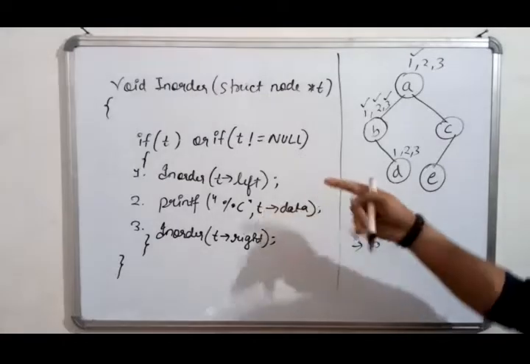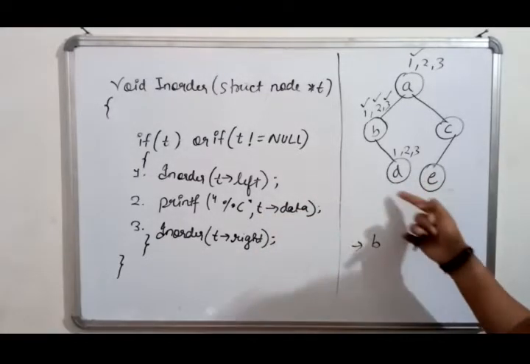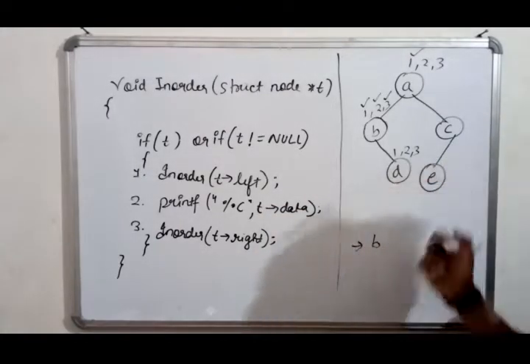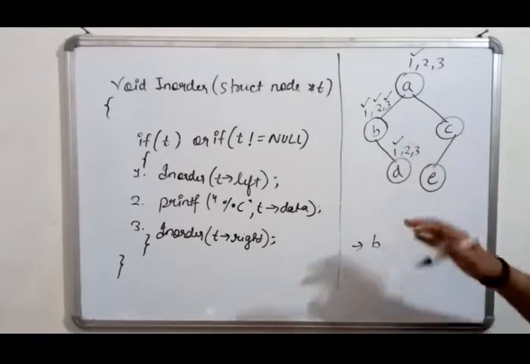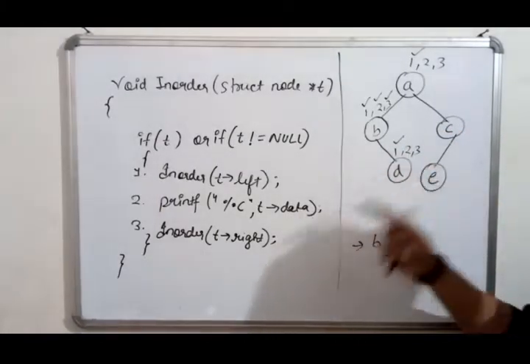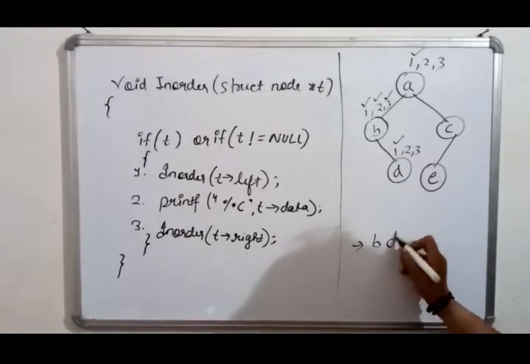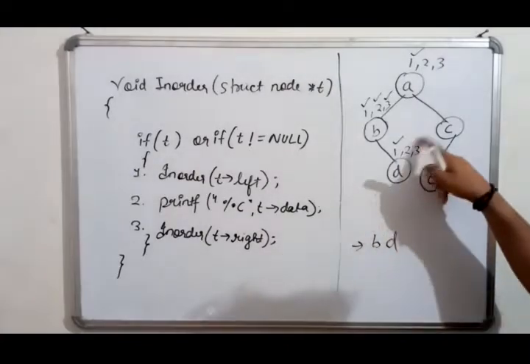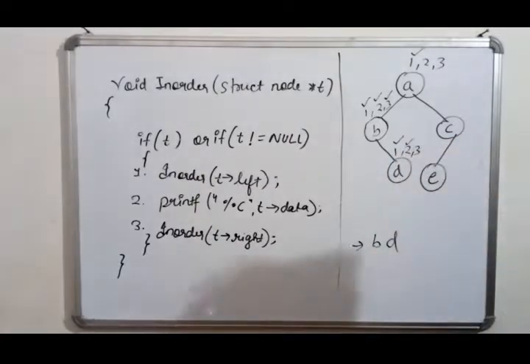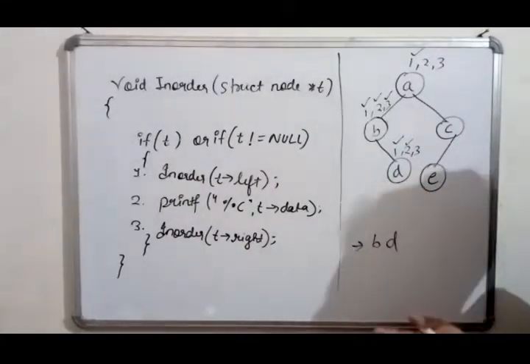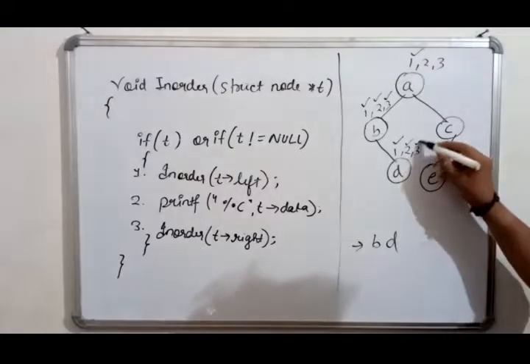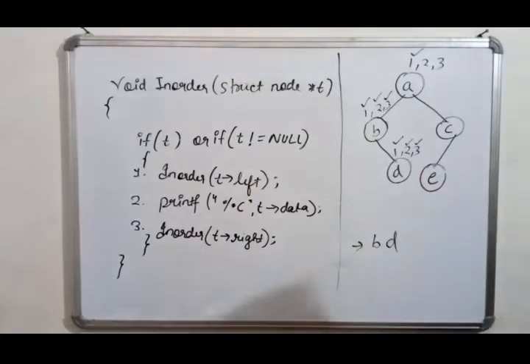It is Inorder to the left, but D does not have any left or right child. So in the first instruction it will simply return. In the second instruction it will print the data, so it is D. And the third instruction is Inorder of t to the right, but it does not have any right child also. So all three instructions of D are now executed.